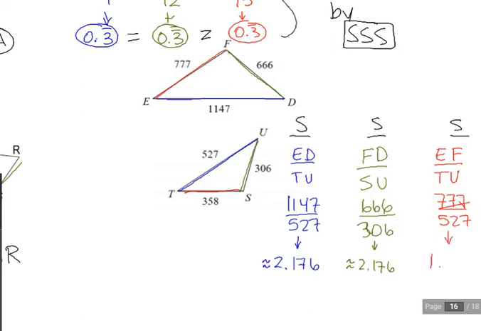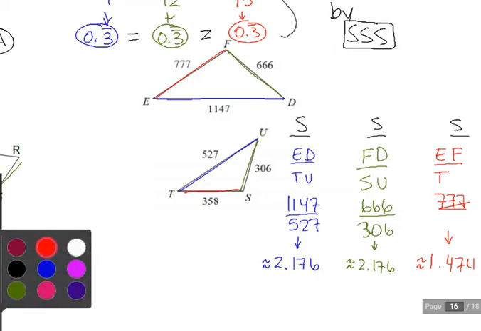Let me double check my work. 777 divided by 527. So medium side. Oh, that's not right. Oh, hold on. This should be TS. Oh man. Some of you guys are probably like, wait a minute, what's he doing? TS. There we go. And so that should be 358.